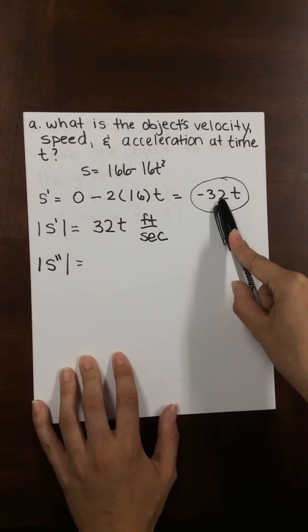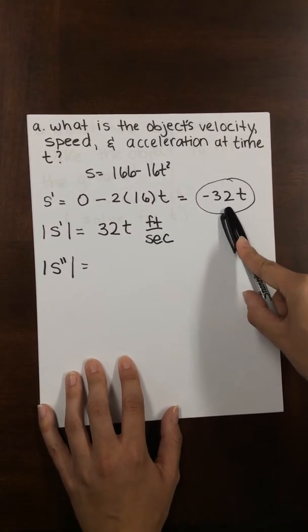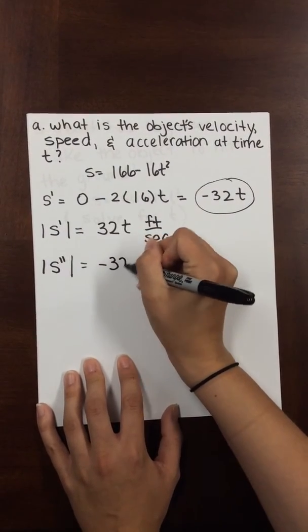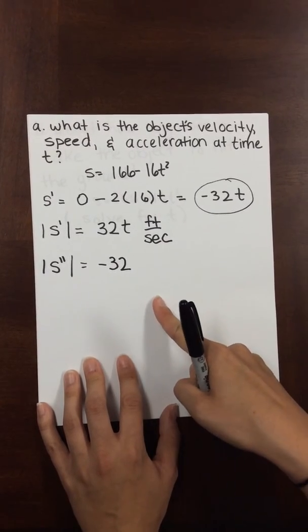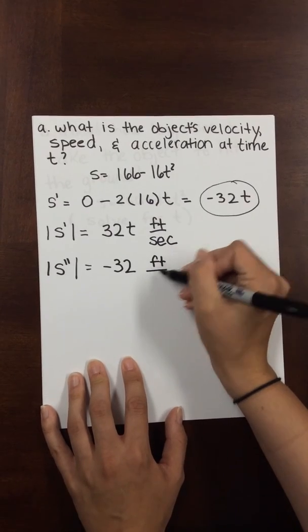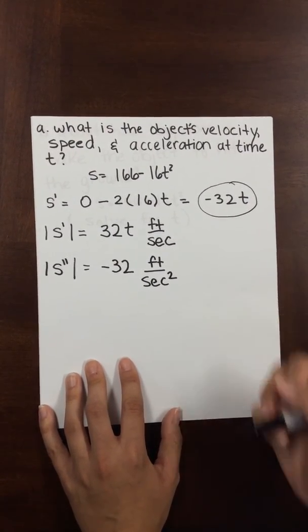So the second derivative of negative 32t just becomes negative 32. You get rid of that t. And then the label we want for this is feet per second squared, because that's how we label acceleration.